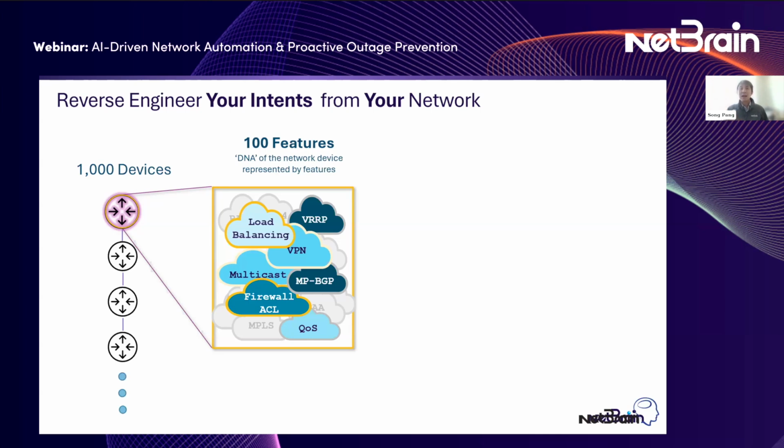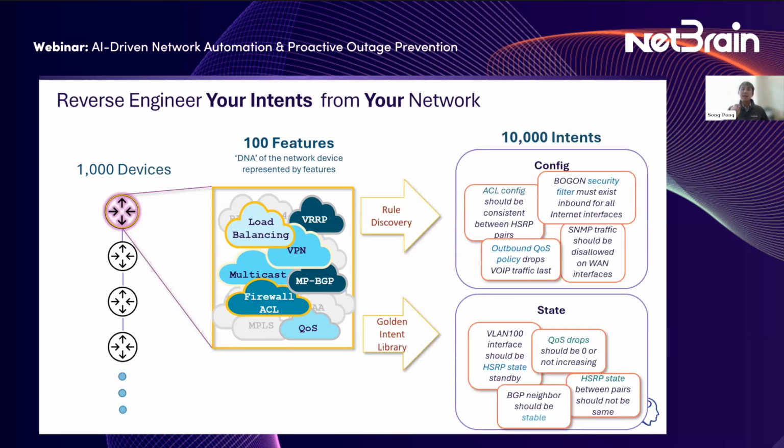Replicated. So in any network where you see one device having BGP, there are probably other devices with BGP. QoS, right? Multicast, redundancy, HSRP, VRRP, and so on and so forth. Those things are, for us, clues with which we can do two things. If we can figure out from any network the features that it has deployed, we can start to discover the unique rules that live within it, right?